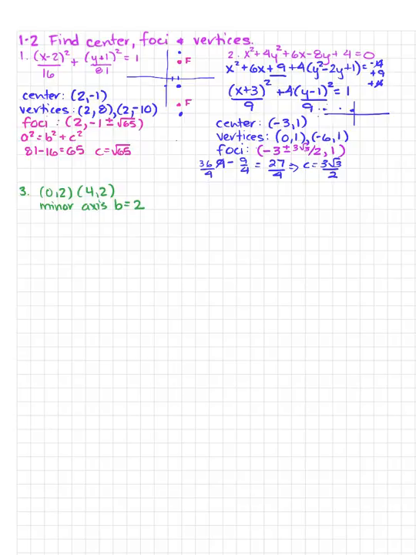Now that's the whole axis, so that means your minor radius is going to be a length of 1.